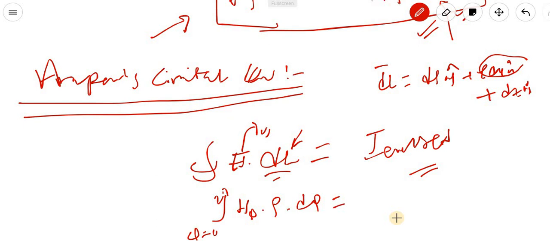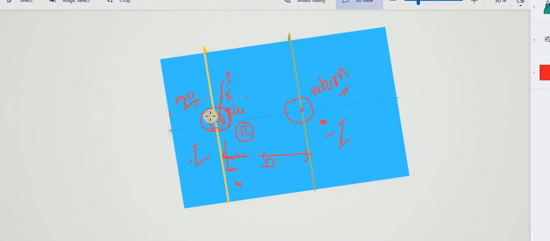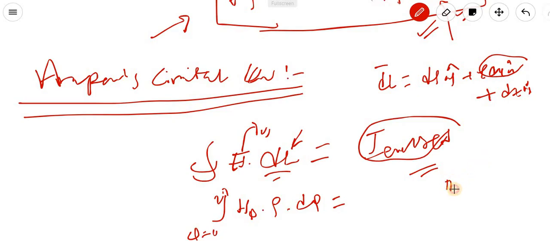Now, what is the enclosed current for this? The cross section of the conductor is pi R squared, as we know. For the pi R squared cross section, the current I is flowing.